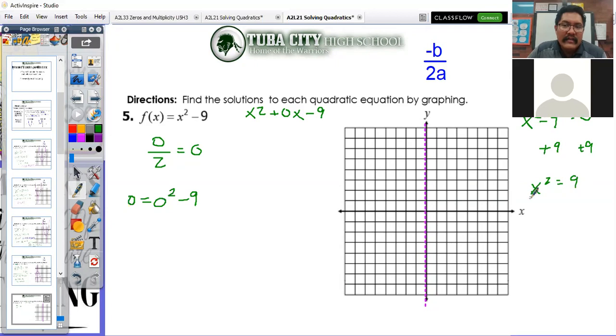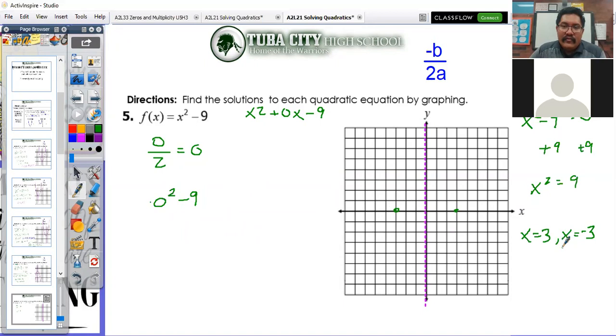What number can I square to get 9? Chances are you're thinking 3, because if you square 3, you will get 9. But there is a second option as well, and that is -3. Because -3 times -3 is +9. So in this case, we already know the answer. The answer is -3 and +3.